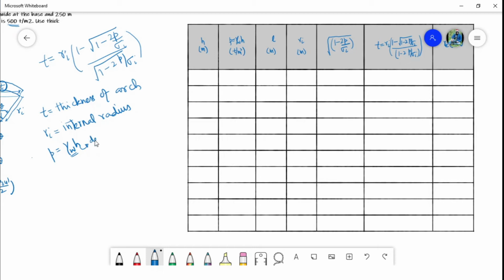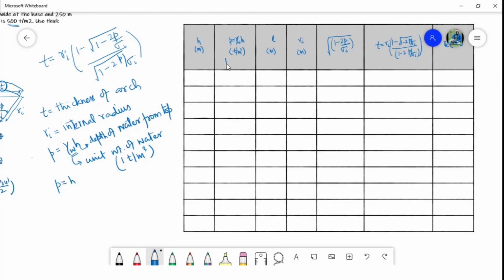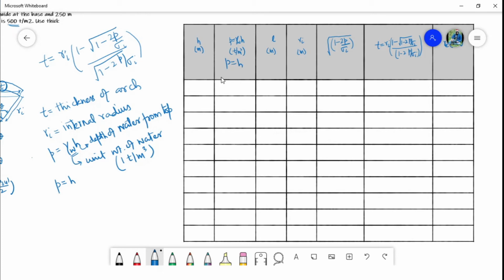Gamma W is the unit weight of water, and we are assuming it to be 1 ton per meter cube. Okay, so for our calculation purposes P will be equal to H.